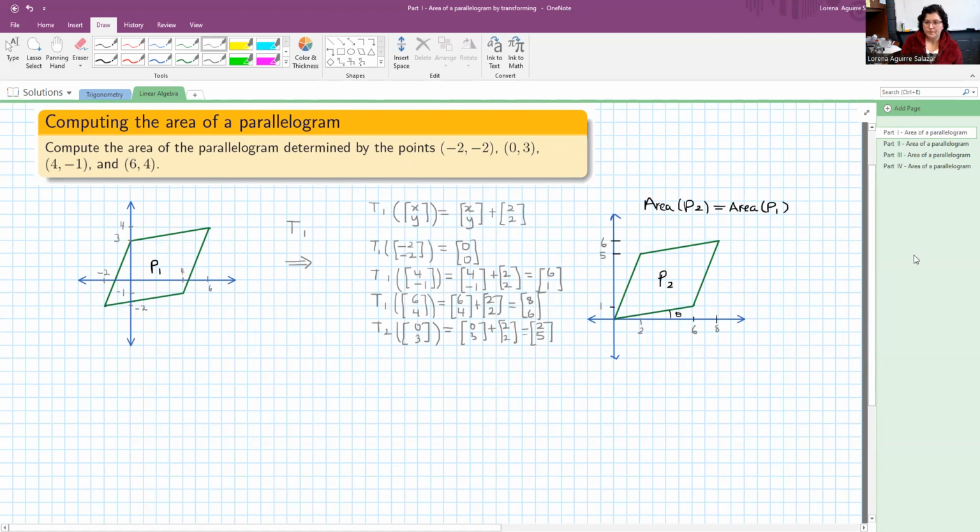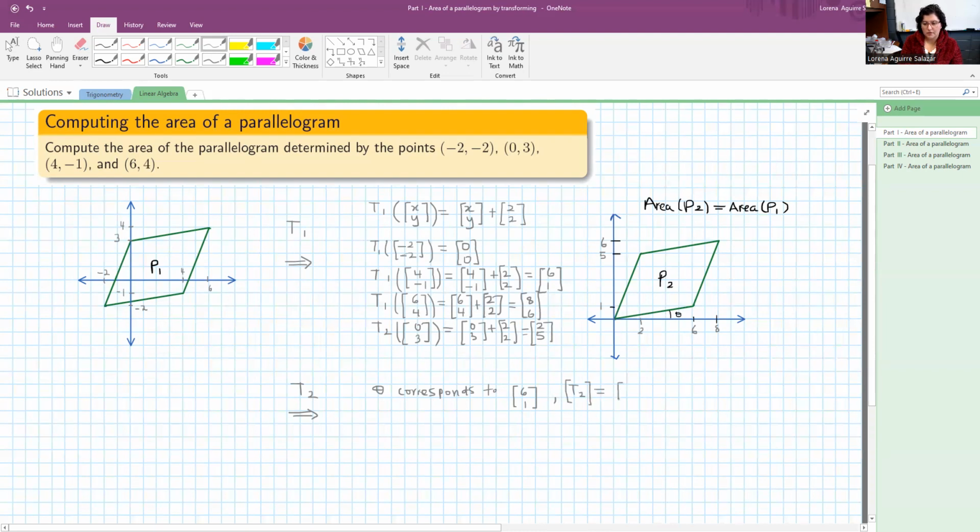Okay. So the angle we use is an angle that corresponds to the point (6, 1), and the transformation we need, our T2, is the rotation by an angle of minus theta.